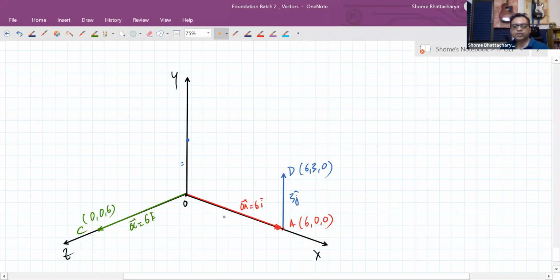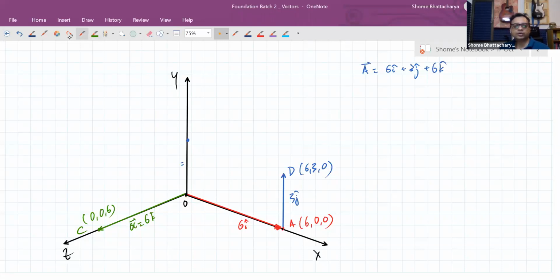Now to that I have to add the vector A, which is 6 i cap plus 3 j cap plus again 6 k cap. I've already added 6 i cap plus 3 j cap. That has brought me from the origin to the point A and then to the point D.